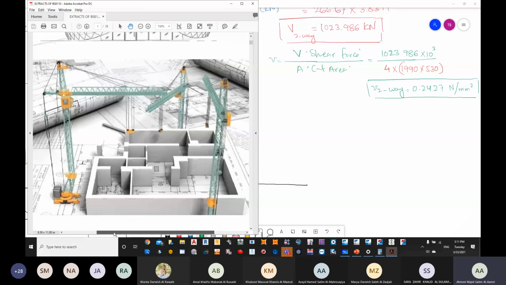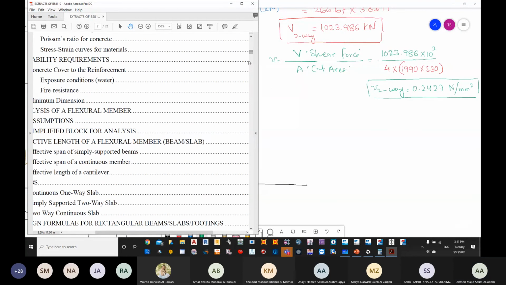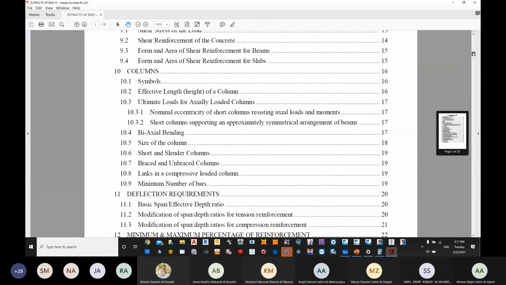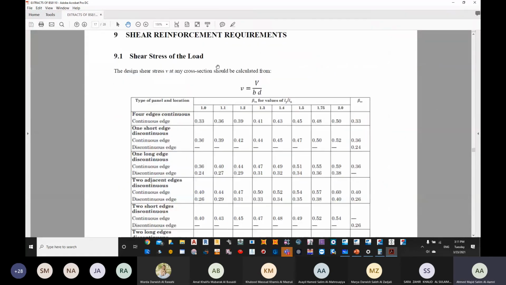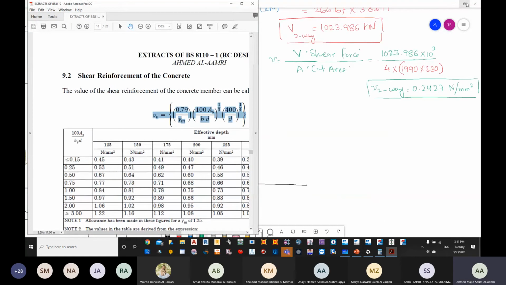Now in the code, we are going to search for shear. So this is shear reinforcement requirements. We have shear stress, and this is not reinforcement once again, this is stress. So shear stress of concrete can be calculated using this equation.